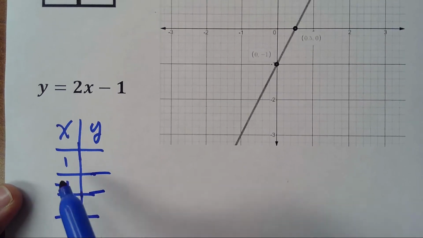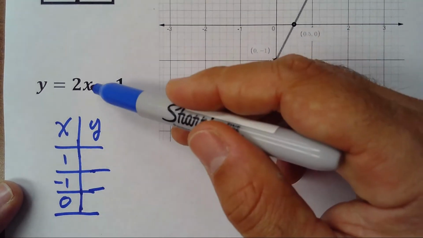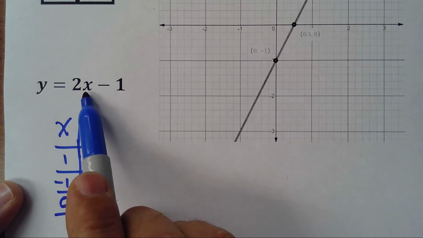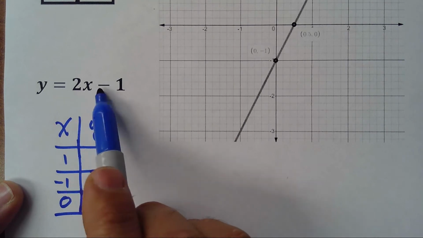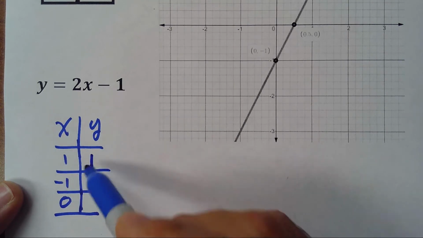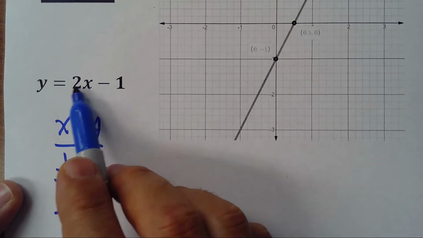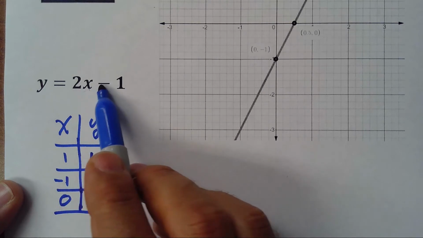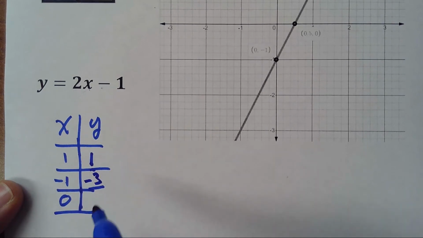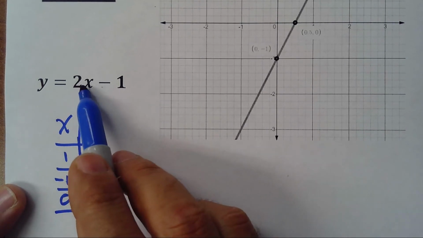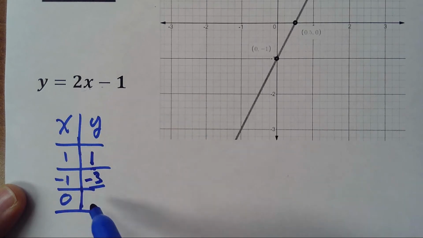So if x is 1, 2 times 1 is 2, 2 minus 1 is 1. And if x is -1, -1 times 2 is -2, minus 1 is -3. And if x is 0, 2 times 0 is 0, minus 1 is -1.